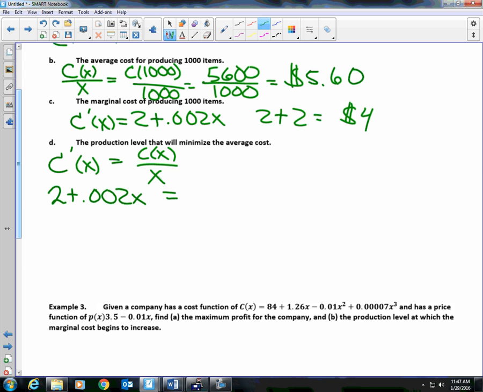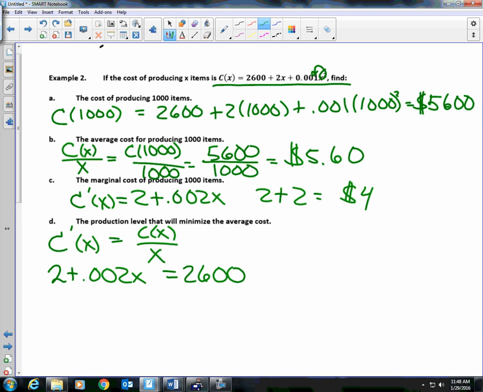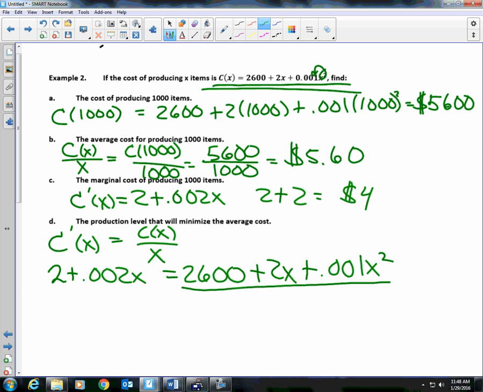Equals, what is C of x? No, that's C of 1,000. What's 2,600? This is how you know it. Divided by x.